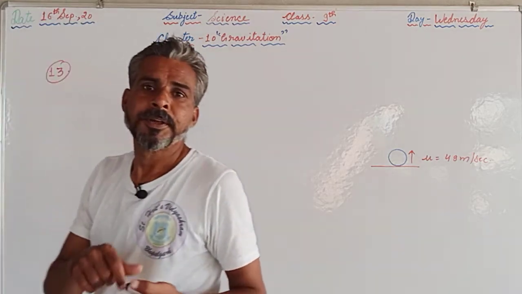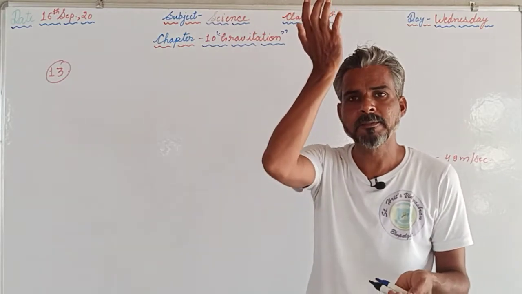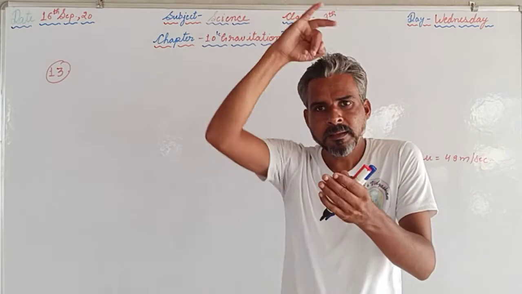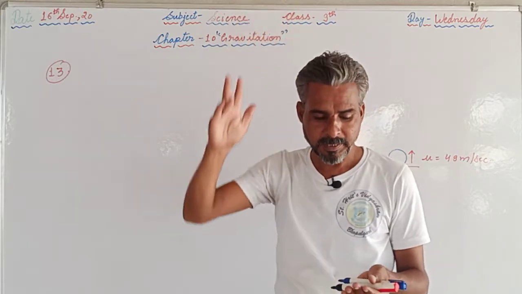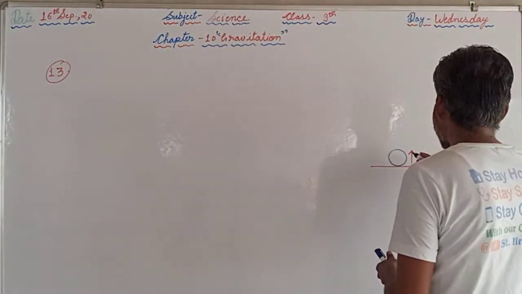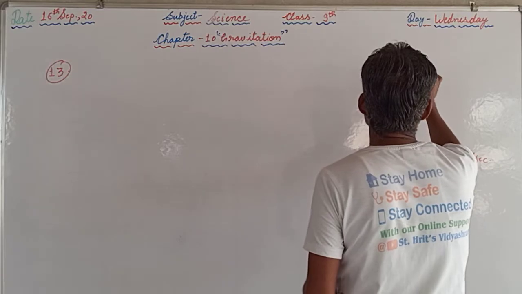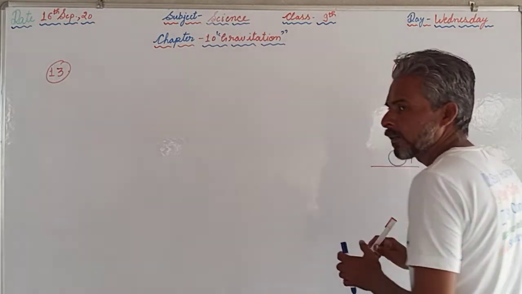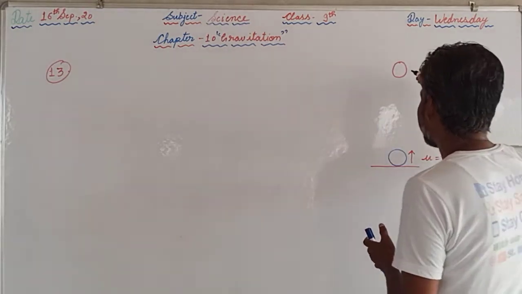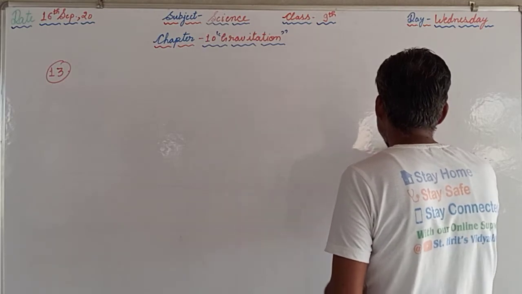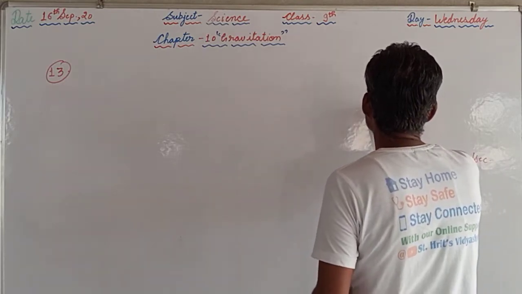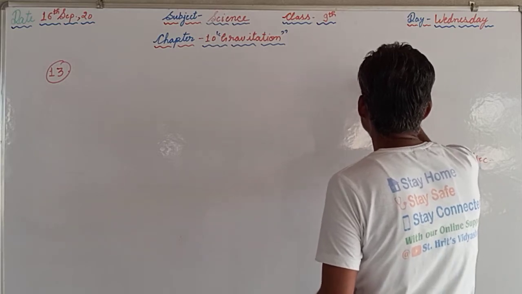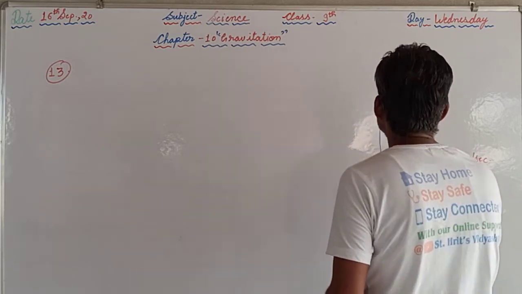As you all know, if we throw any ball in the upward direction, it will come back down after reaching the maximum height. So suppose the ball reaches here, this is the maximum height, and afterwards it is coming back. We are supposed to find h.